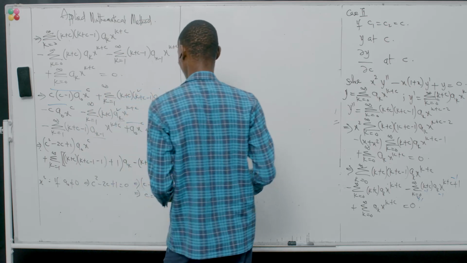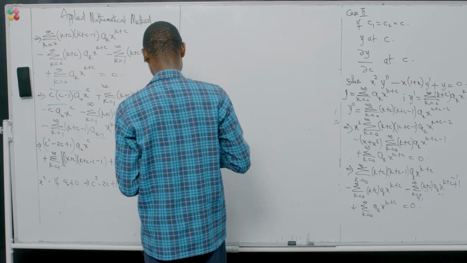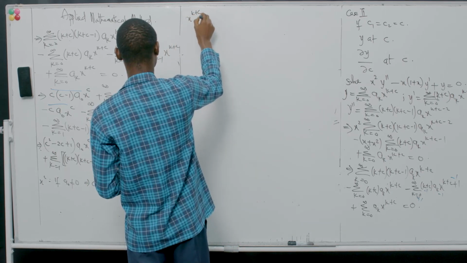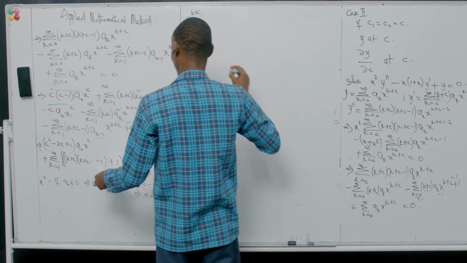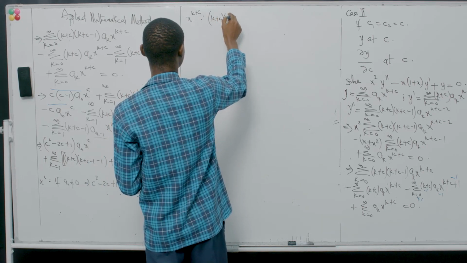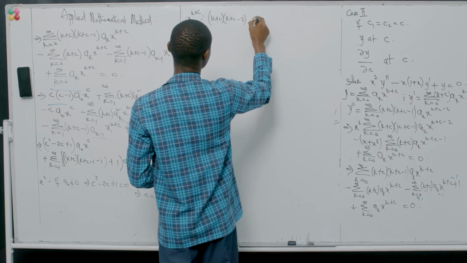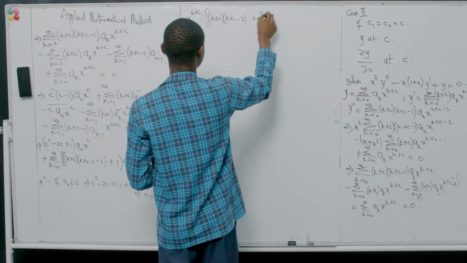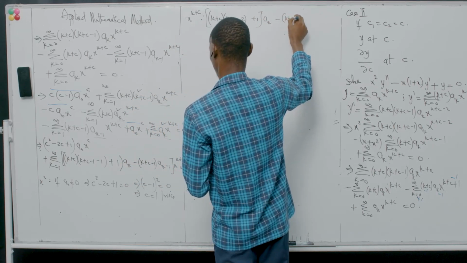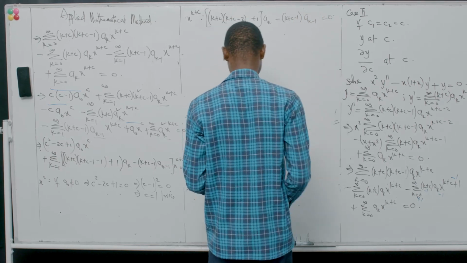So here, remember, we have dealt with the upper part. So we are now dealing with the lower part, basically. So when x raised to k plus c is what we have, we'll now have (k + c)^2 minus 2(k + c) plus 1, all of this multiplying a_k, then minus (k + c - 1) a_{k-1}, all of this has to be equal to 0.